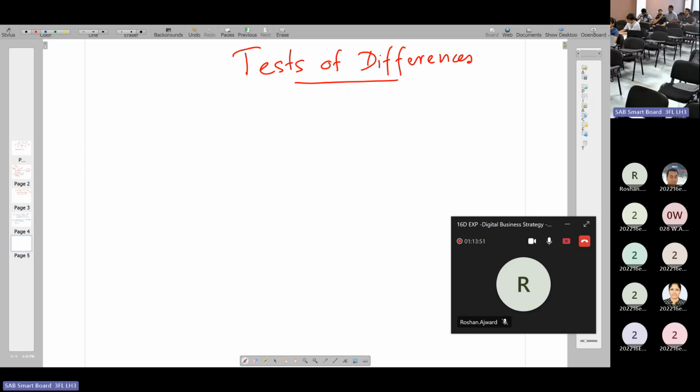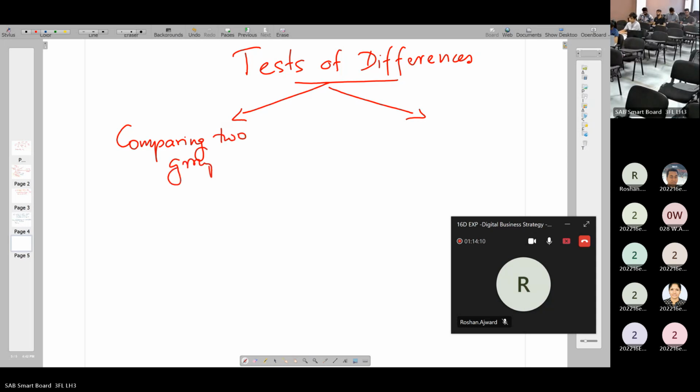You can have test of differences, two kinds. You can take them, right? Comparing two groups. You want to compare two groups for the test that you have to do.